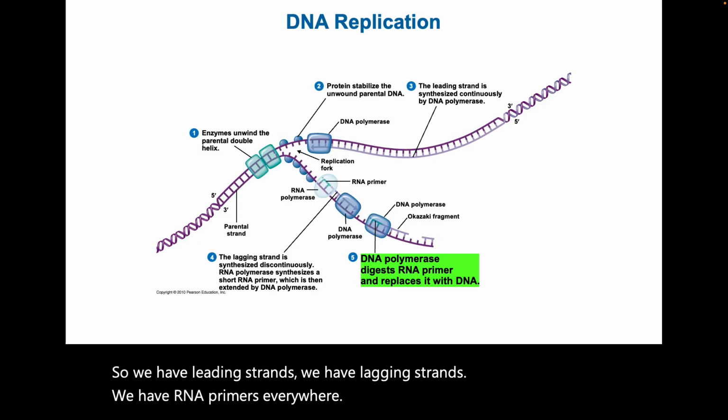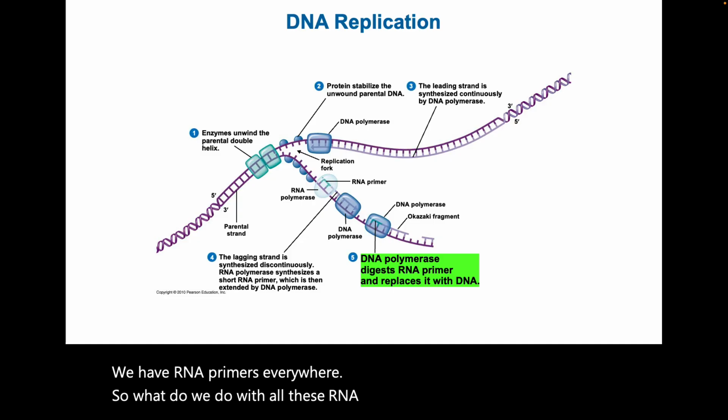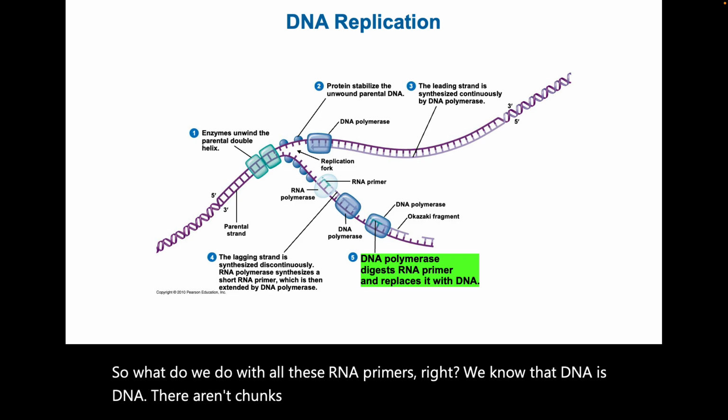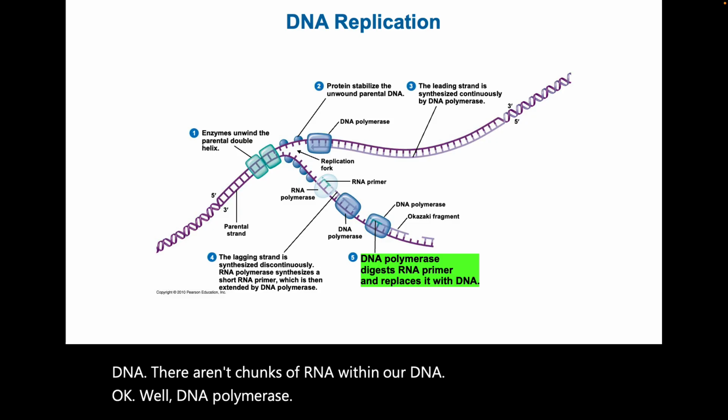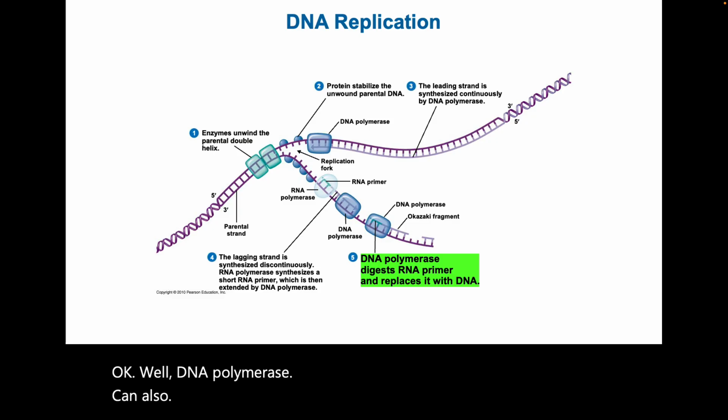So what do we do with all these RNA primers, right? We know that DNA is DNA. There aren't chunks of RNA within our DNA. Okay. Well, DNA polymerase can also remove the RNA primer and fill with DNA.